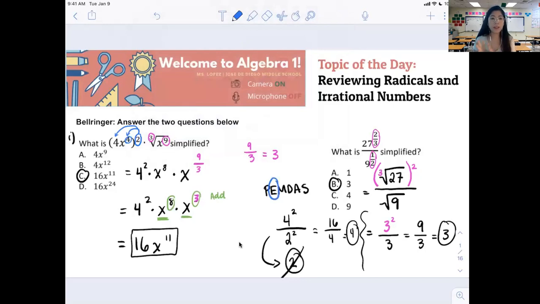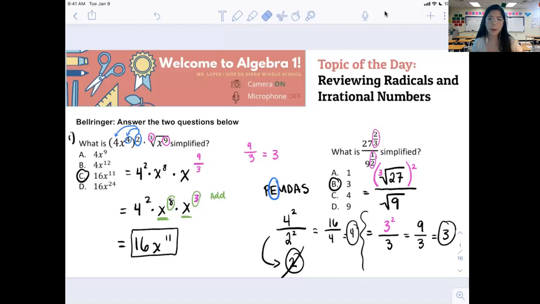You have to do the exponents first. So, okay, in our example, 27 divided by 9, yes, you do get 3. So I'll give you that. It works out in that example. But that's not always going to work out. And this is a good example of how it doesn't always work out, because you have to deal with the exponents first.